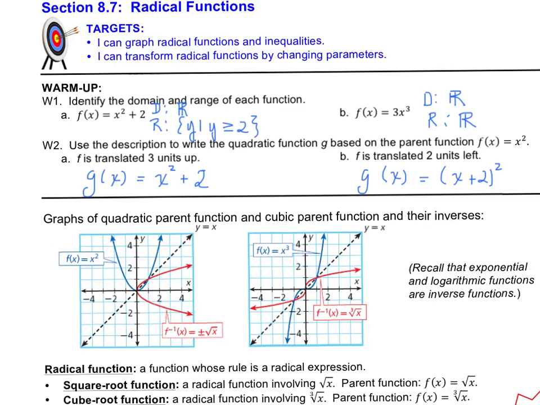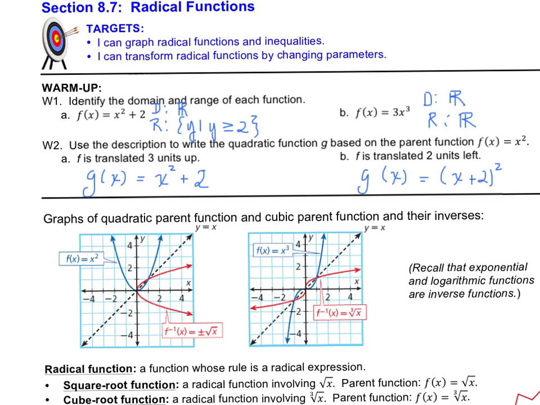Now, looking at the next section, you see the graphs of the quadratic parent function and the cubic parent function, as well as the inverse, in red. With the first graph, the parabola, f of x equals x squared, we can see that the inverse is not a function because it would not pass the vertical line test.